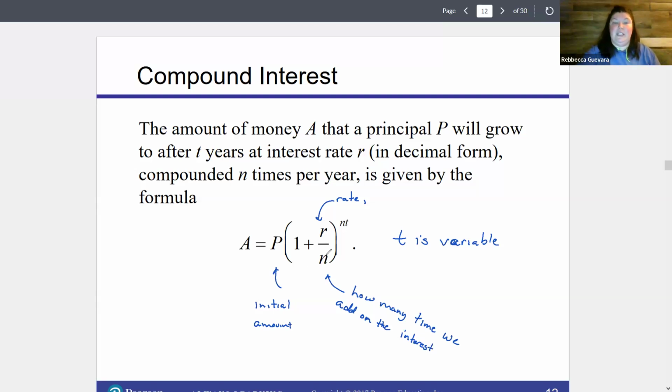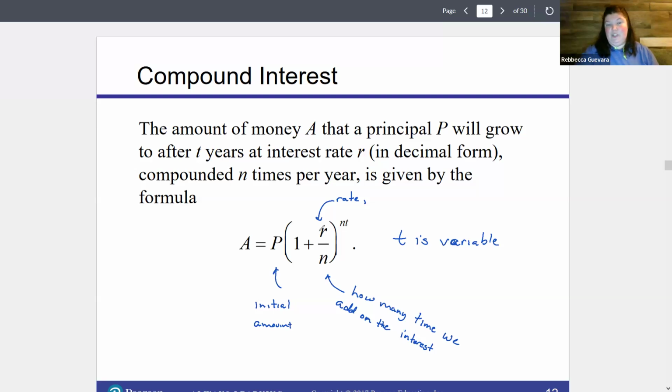So what we end up doing is we take that rate and divide it by how many times we add the interest. Then we put it here again, because in a year, if we were doing this monthly, that rate gets split over 12 months, which means it compounds 12 times, so I had to add it on 12 times. So we would make that N also 12.